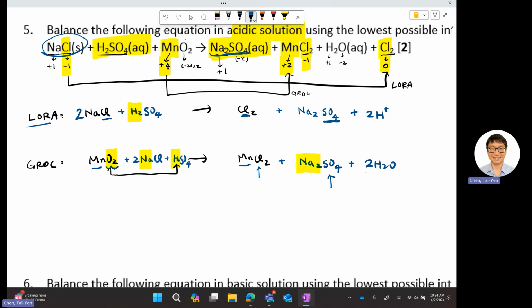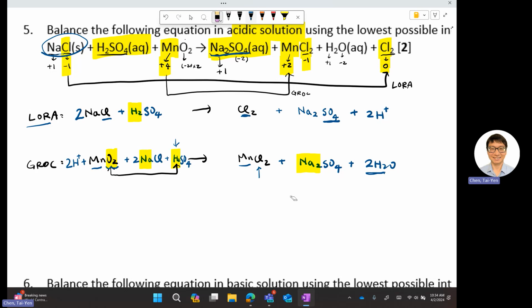Okay, and then on the right-hand side, you have 4H. On the left-hand side, you only have two. Therefore, you also want to add in 2H plus on the left-hand side. By doing that, you're going to balance all the atoms for your G-rock.